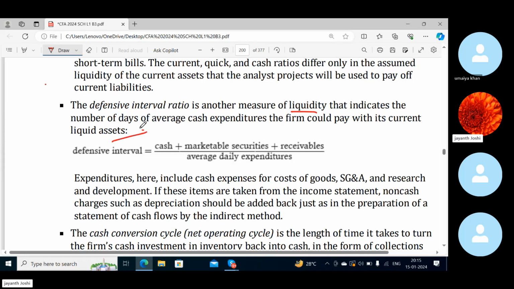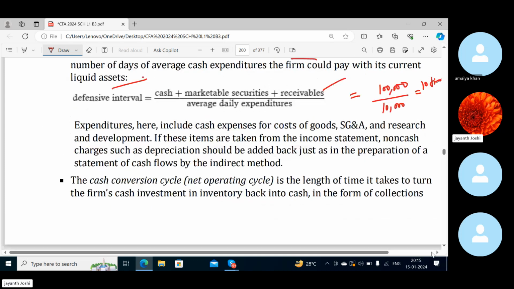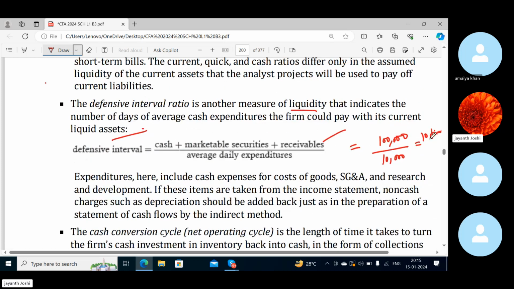That means it shows how many days of expenditure you can easily pay with the help of the cash or the current assets, whatever you have. So let's say if you have 1 lakh rupees worth of current assets and the average daily expenditure is 10,000, you have 10 times the capacity to meet your expenses.